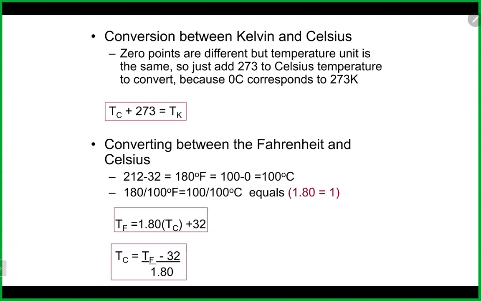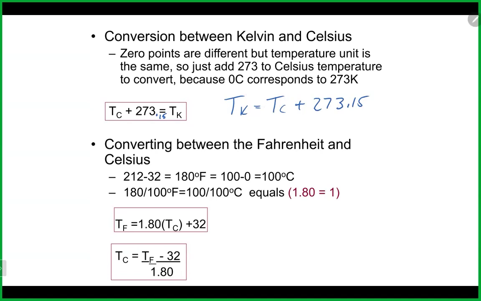The first one is the most important. If you have the temperature in Celsius and you want to convert it to Kelvin, you take the temperature in Celsius and add 273.15. As I might have mentioned the first day, they want you to use the 0.15, so we will teach it.